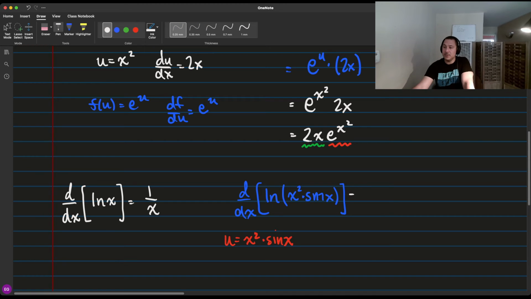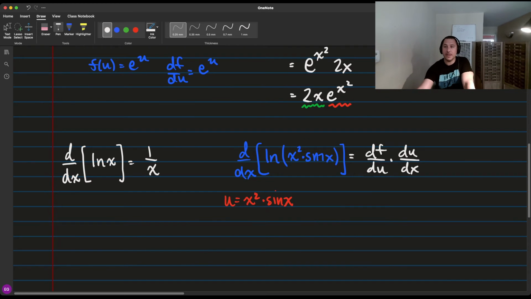And the chain rule tells you you're going to take the derivative of f with respect to u times du dx. Our f of u is natural log u. And we just learned that if you want to take the derivative of natural log of u with respect to u, that's just going to be 1 over u. So df du is just 1 over u.